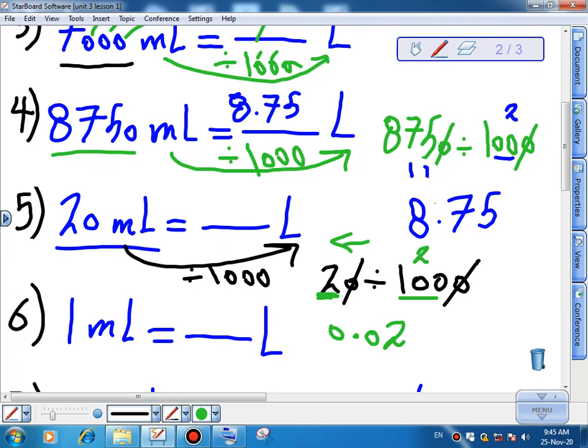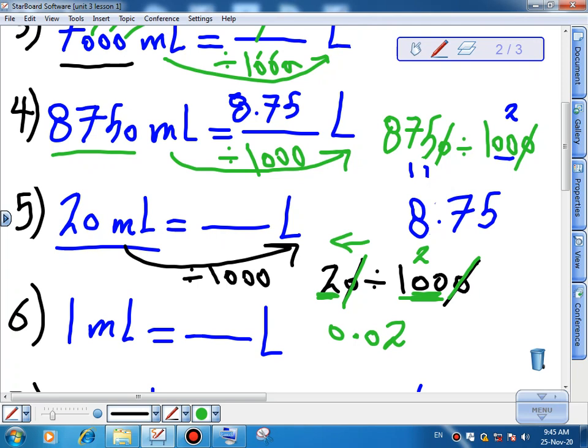Again, when we divide any number by 10, 100, or 1,000, we put the decimal point from the right side, after 1, 2, or 3 digits. As there are 2 zeros after the 1, I cancel 0 with 0, and it will be 100. I need to put the decimal point after 2 digits from the right side.